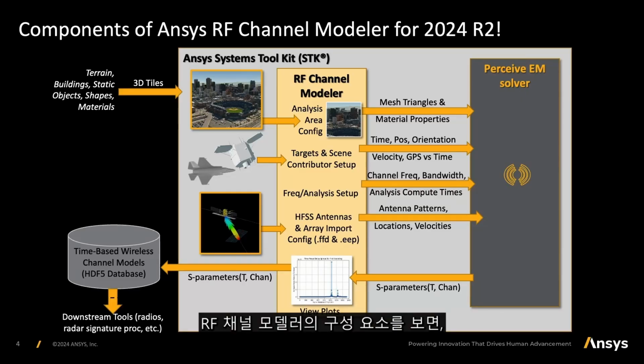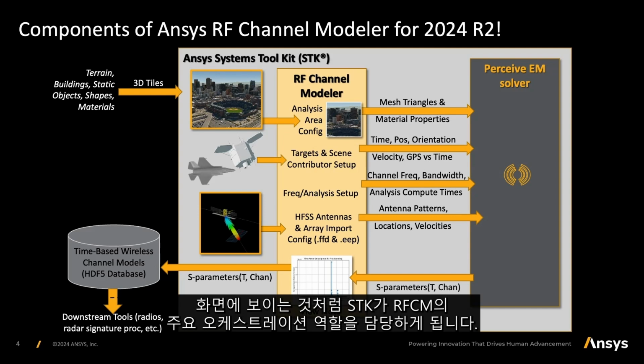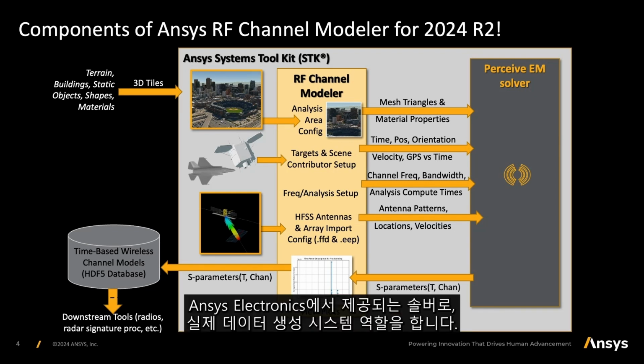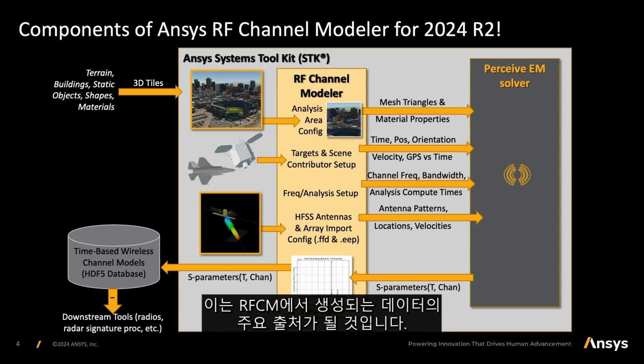The components of RF Channel Modeler are STK, Systems Toolkit, which becomes the primary orchestration piece of RFCM. Perceive EM, the solver itself, comes from our Ansys electronics unit, and is the actual data generation system and the primary source of data that comes out of RFCM.